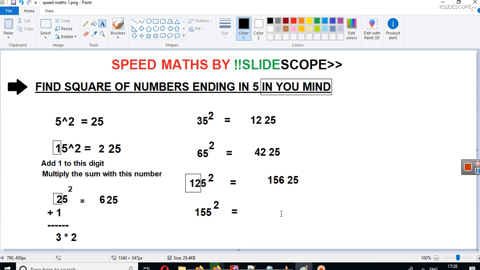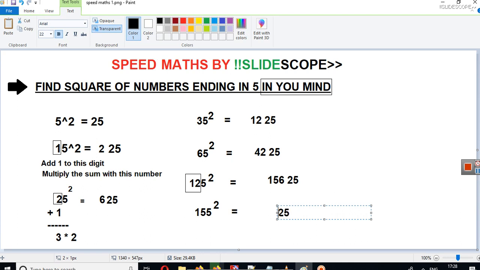So here again we write 25. What is 15 plus 1? 15 plus 1 is 16, and what is 16 into 15? It is 240.